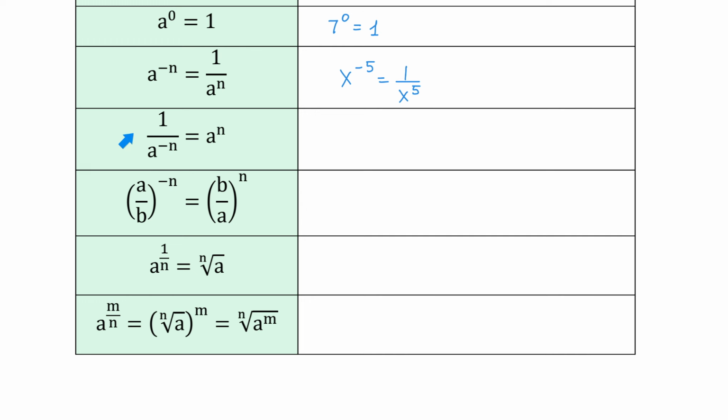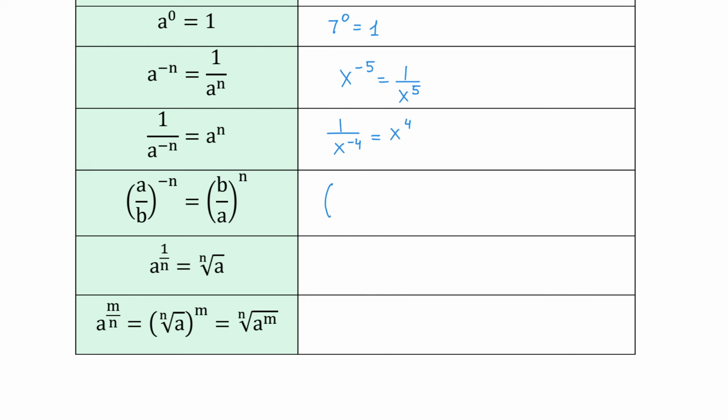If in a fraction we have a with a negative exponent in the denominator and we move it up to the numerator, then the exponent will become positive. For example, 1 over x to the negative 4 equals x to the positive 4. If we have a fraction raised to a negative exponent and we flip this fraction, then the exponent will become positive.